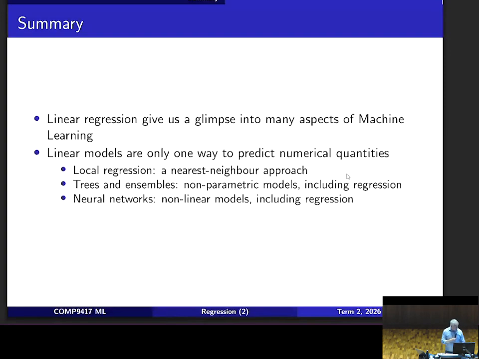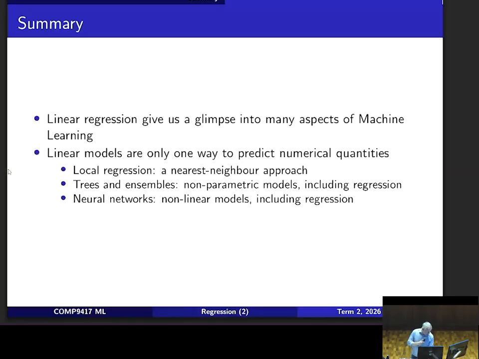All right, so just to finish, we've got to the end of 2 weeks on linear regression. We've done some general statements about machine learning. We've derived some particular techniques, including the most recent one, which is gradient descent. These techniques, you'll see, come back in later versions of what we look at in machine learning.